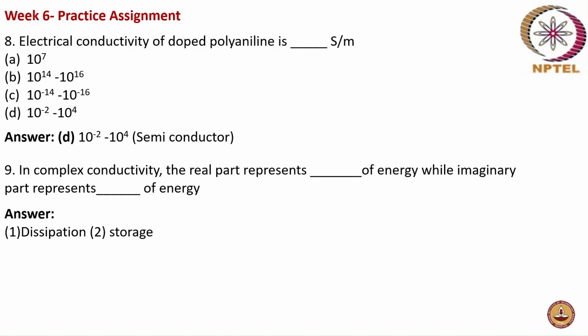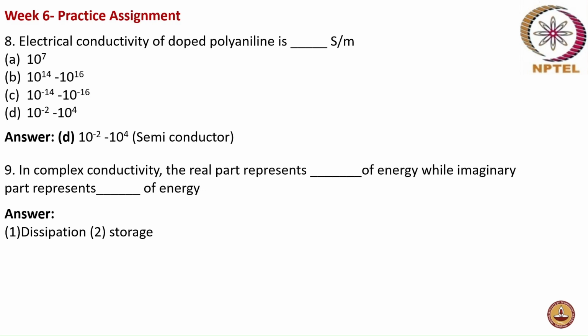Because in conductivity, the real part represents the conductivity, that is the flow of charges, right? So there is a flow or movement, which means there is a dissipation of energy. Whereas your imaginary part represents your storage of energy.